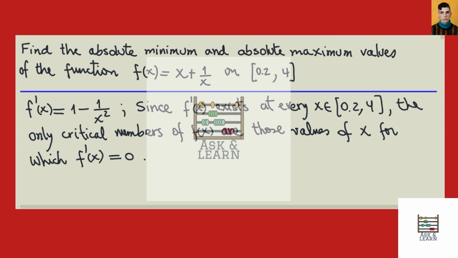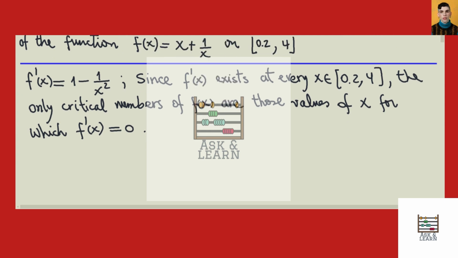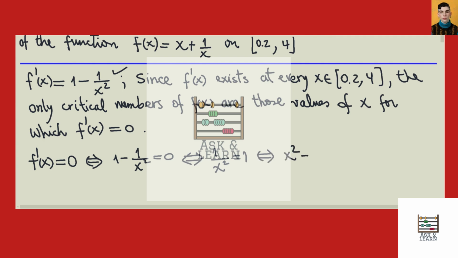Then we've got to start by solving this equation, f'(x) = 0, and that's equivalent to the equation 1 - 1/x² = 0, because the first derivative of f is given by this expression. And this is equivalent also to 1/x² = 1, which is also equivalent to x² = 1.